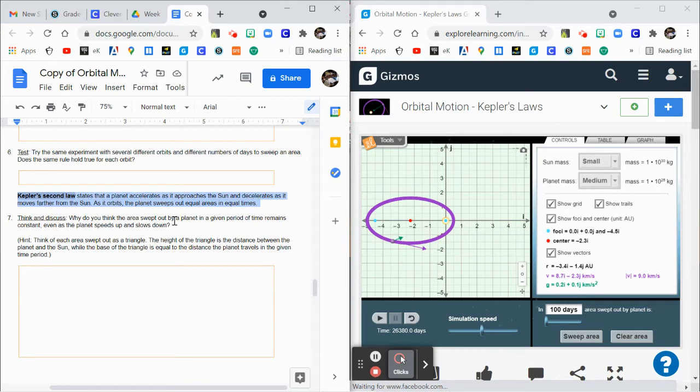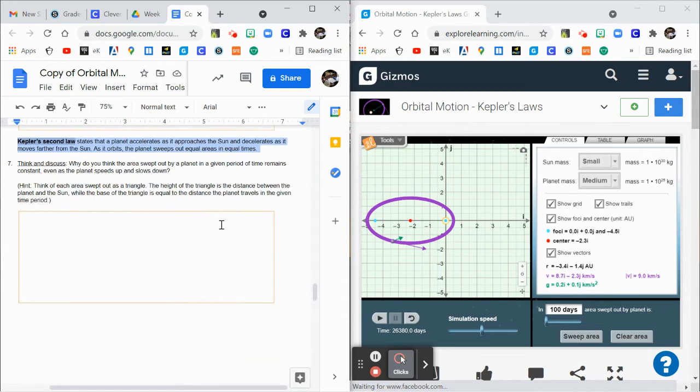Why do you think the area swept out by a planet in a given period of time remains constant, even as the planet speeds up and slows down? It says, hint, think of each area swept out as a triangle. The height of the triangle is the distance between the planet and the sun, while the base of the triangle is equal to the distance the planet travels in the given time period.